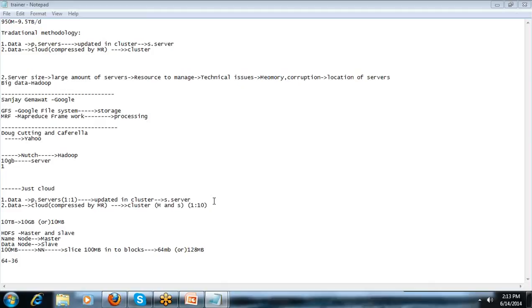Now the problem is that the cost is very huge, because every time the data size increases, you have to buy a new server. If there are 10 servers, you need to appoint a resource to monitor and maintain them, so the human resource need also increases, and we get technical issues like file corruption or data loss. These things will happen in servers.